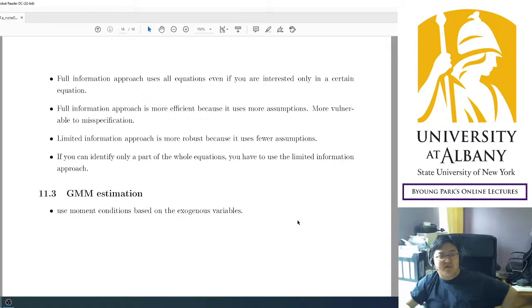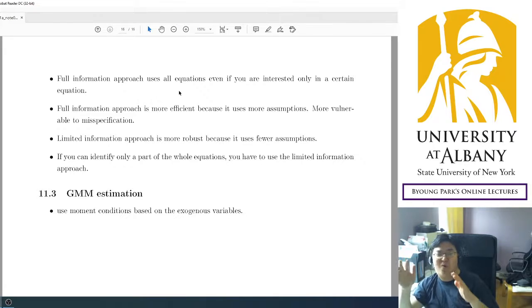The full information approach would be ideal because it is efficient if all the equations are true. The problem is that when you set up big macroeconomic models, you are imposing a lot of assumptions on different equations. If you believe that all the equations' assumptions are true, then utilizing them will be efficient.